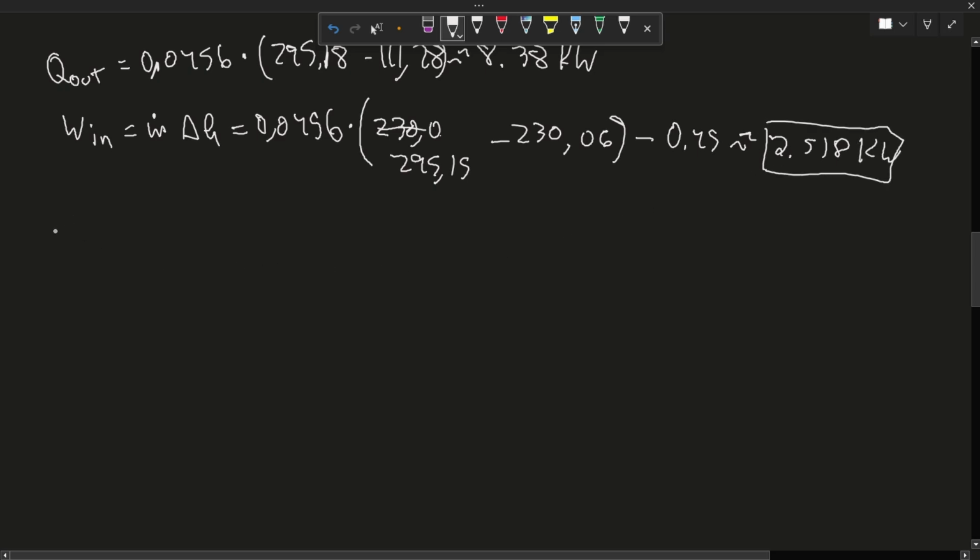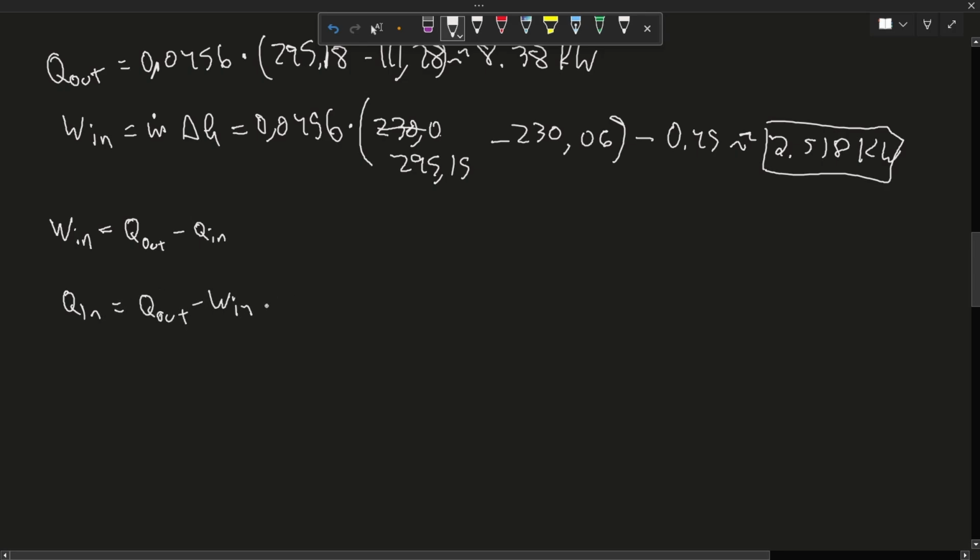To find Q in, you have to take into account that the work being done is equal to Q out minus Q in. So our Q in is equal to Q out minus W in.